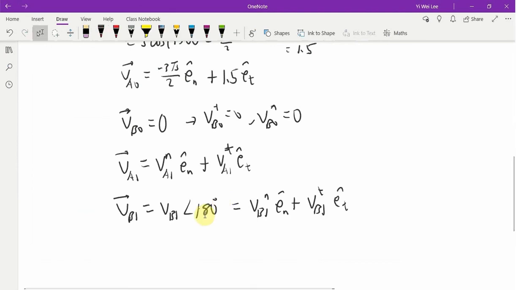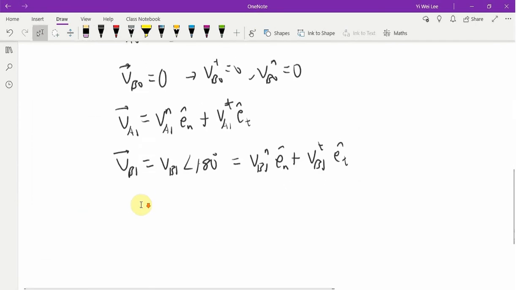So in this case, we have to utilize what we learned before. We can always say VB1N is equal to the velocity of B1 dot product with EN. Same understanding. The velocity of B after collision in the direction normal to the plane of collision is equal to the velocity of B1 dot product with direction EN.